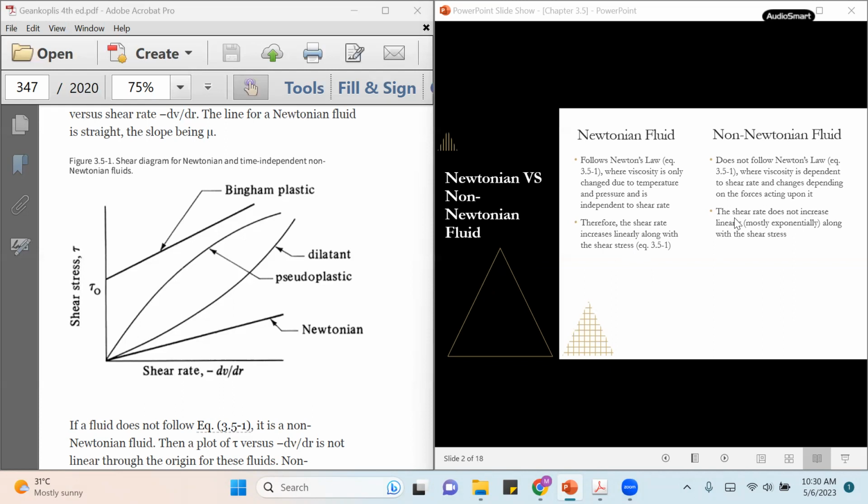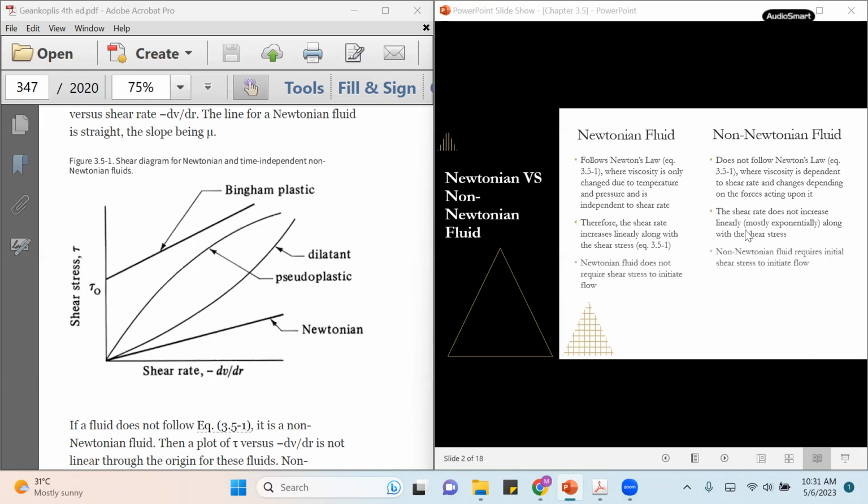While for non-Newtonian fluid, one of the requirements is that the shear rate does not increase linearly along with the shear stress. That's why when you see these two lines, pseudoplastic and dilatant, you can see that the shear rate does not increase linearly along with the shear stress.